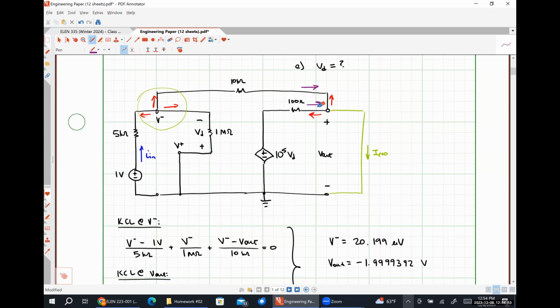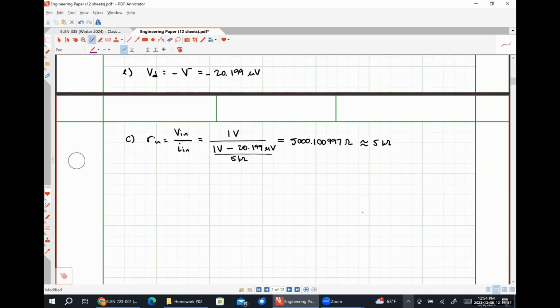So we're going to have, part D, (V minus minus 1 volt) divided by 5 kilo ohms plus V minus over 1 mega ohm plus V minus over 10 kilo ohms is equal to 0.